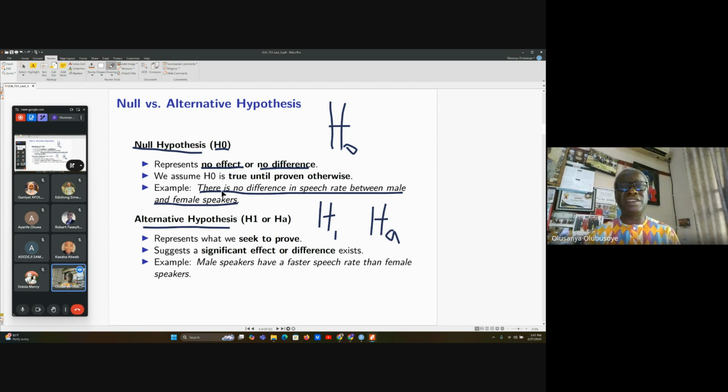So in this case, where we say there is no difference in speech rate between male and female speakers, the alternative will say there is a difference. In fact, the alternative can even say male speakers have a faster speech rate than female. So a particular direction can be given.